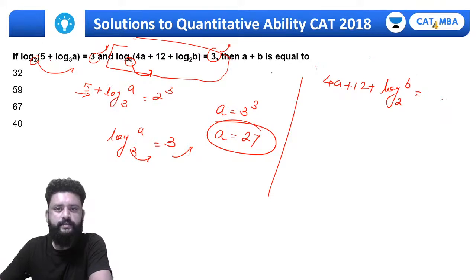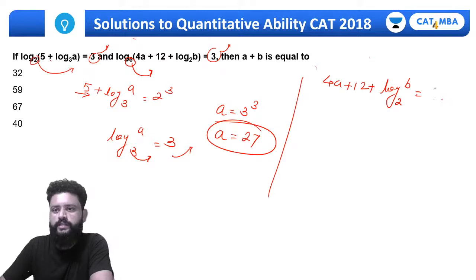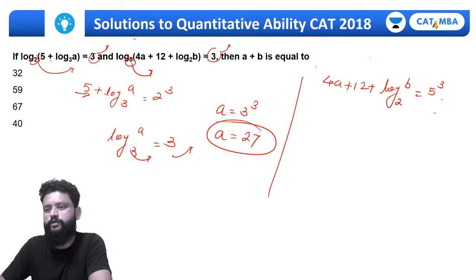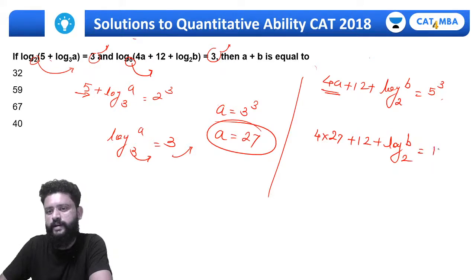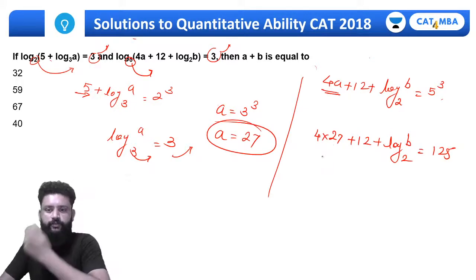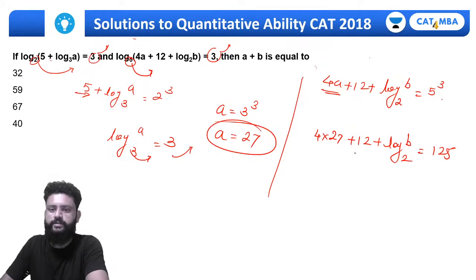Hopefully you are getting this. So this is 5 to the power 3, 5 क्यूब होता है 125. 4a का वैल्यू कितना होगा, 4a is 4 into 27 plus 12 plus log of b to the base 2, this must be 125. 27 का 4 times is 108 plus 12.